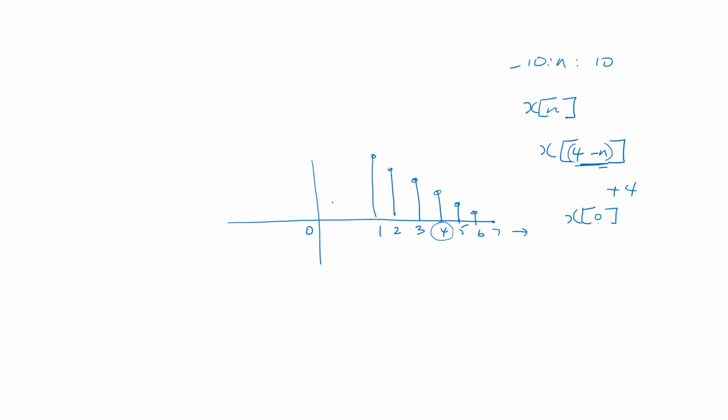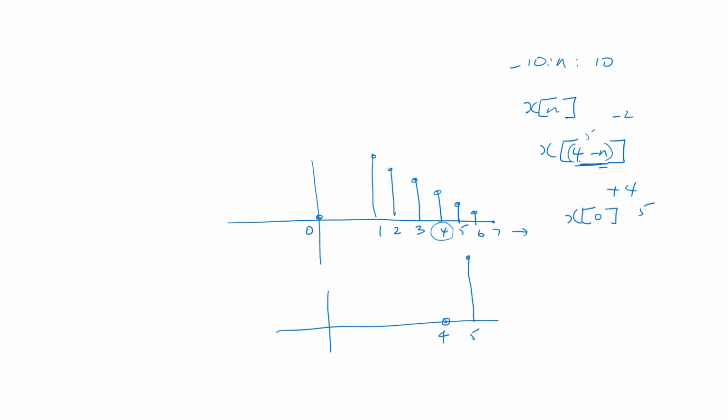If I were to plot that, when n is 4, I'm picking out x[0], which is this. When n is 5, I'm picking out x[1], which is this one here. Right? So 4, 5.